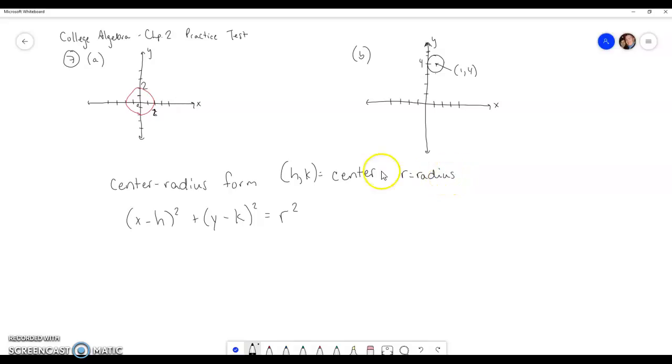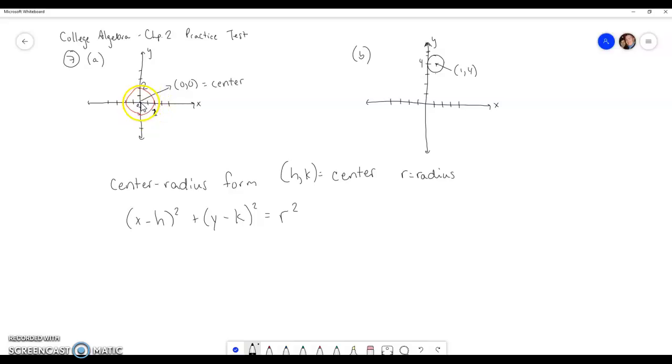Okay, so if we're looking at A, what is the center? Well, the center is this middle point, the point (0, 0). Your radius is your distance from your center to the outside of the circle.